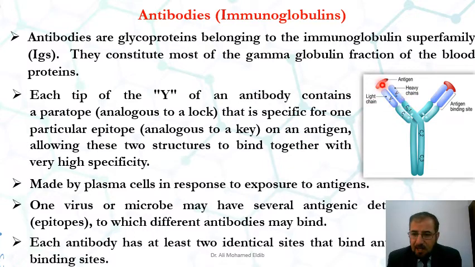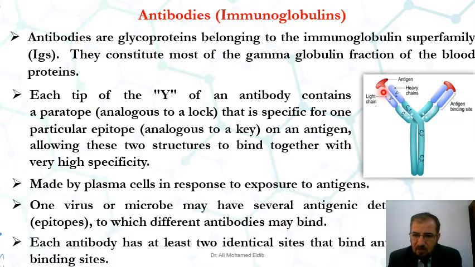Each pathogen contains an antigen or more, which may contain one or more antigenic determinants or epitopes on the surface of the antigen, part of the antigen, of course. So each epitope has its own specific antibody for binding.